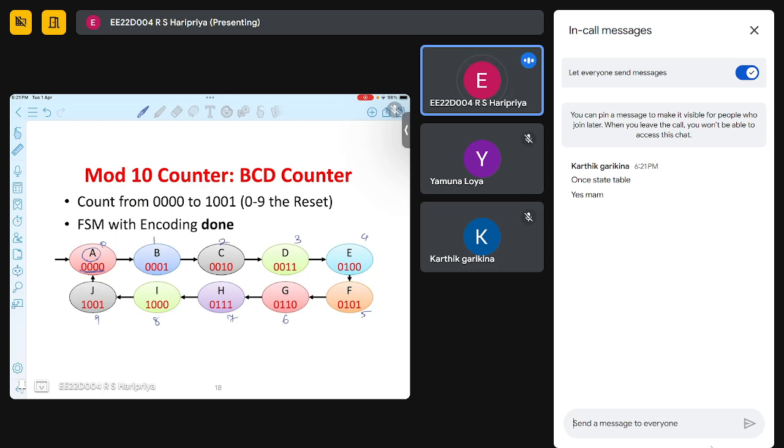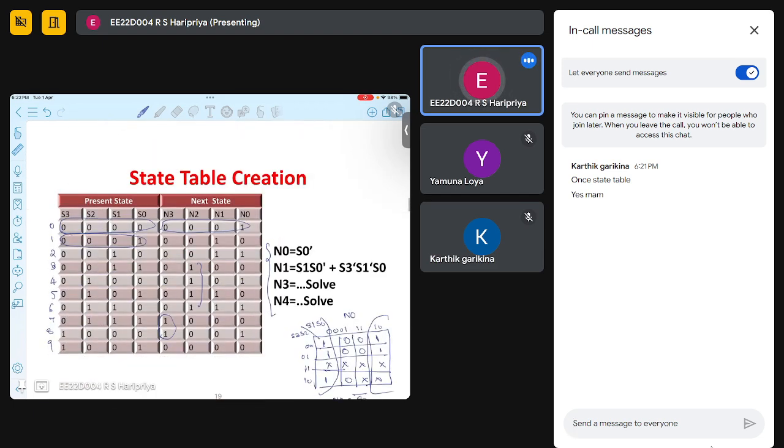It is 0 to 1, 1 to 2, 2 to 3, 3 to 4, 4 to 5, 6, 7, 8, 9, 10. That way it will be easy to fill the K-map. When writing the K-map for simplification, you have to take care of the exact values. It is good that you fill in the present state in order and accordingly fill the next state. Is it clear?